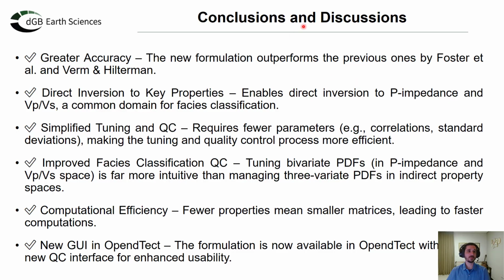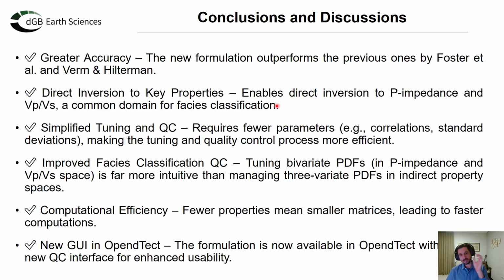So as conclusions, we have greater accuracy, so the new formulation outperforms the previous one by Foster and Vermeer-Hilterman. And this formulation, with the Bayesian Linearized Inversion, allows us to make a direct inversion to key properties.